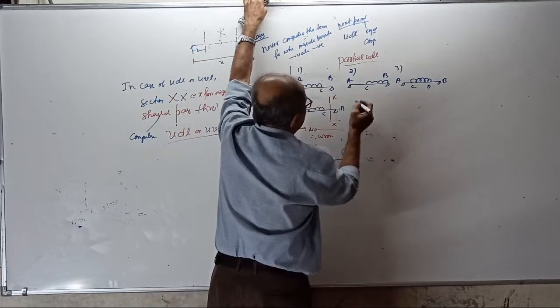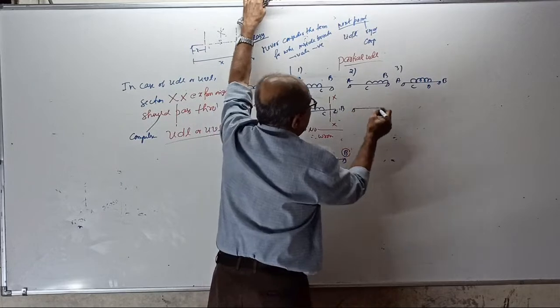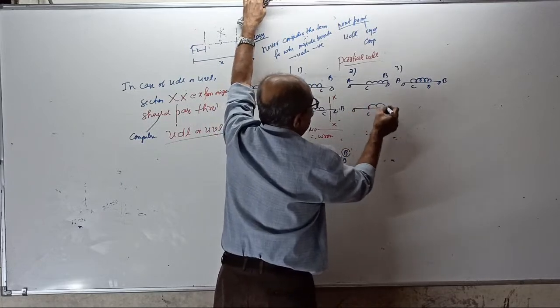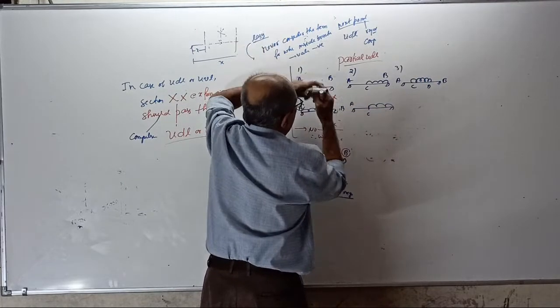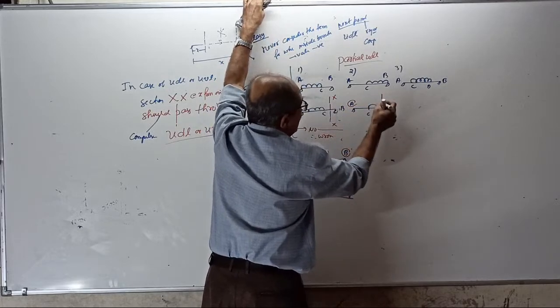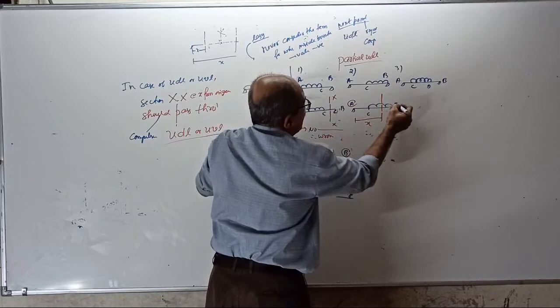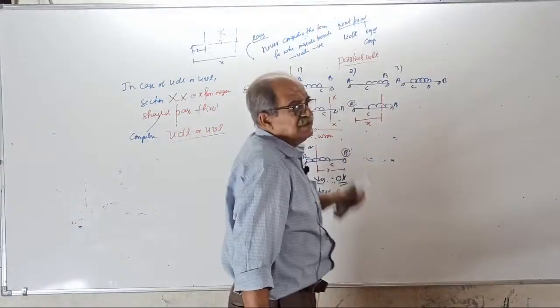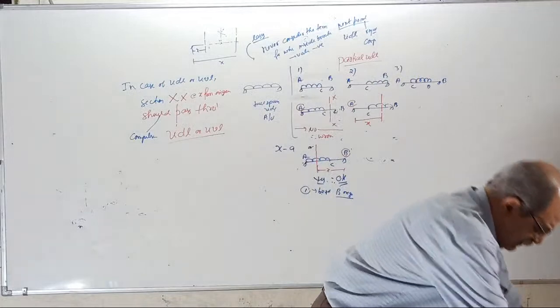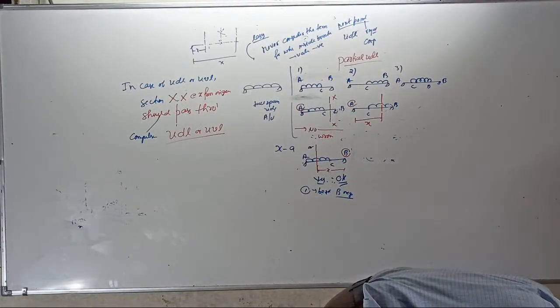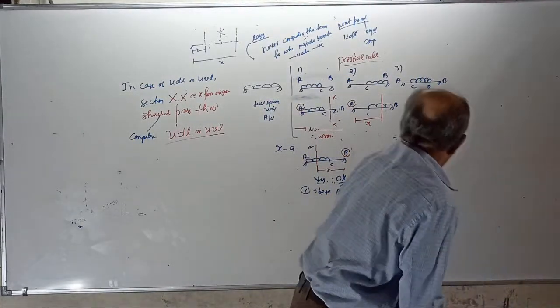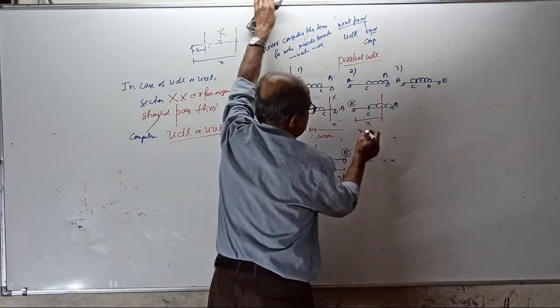Same argument here. See, this is C and B, with UDL here. If I take A origin, section XX should be between the last 2 points on the other side. Tell me, is it passing through UDL? Answer, yes.